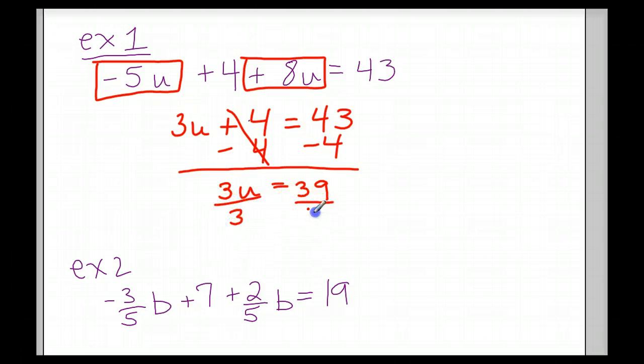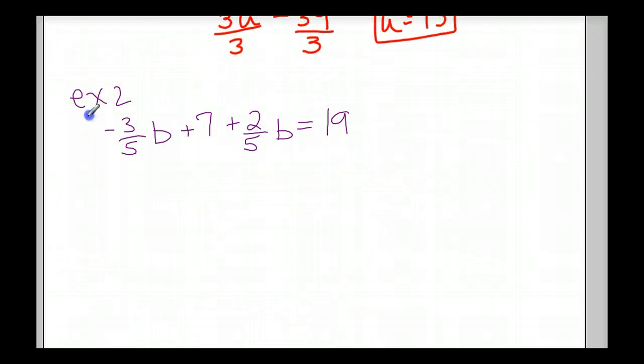We divide each of these by 3. We get u equals 13. So just to clarify, you are combining like terms. Then you have a two-step equation right here. You plus or minus first, then you multiply or divide. So let's try example 2.